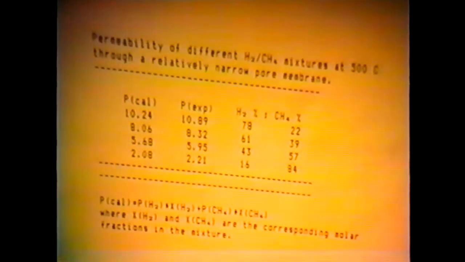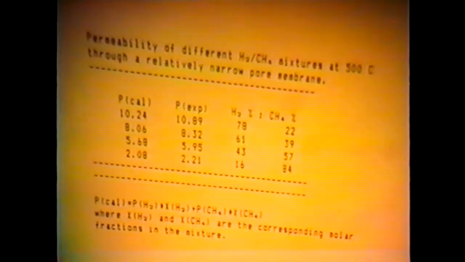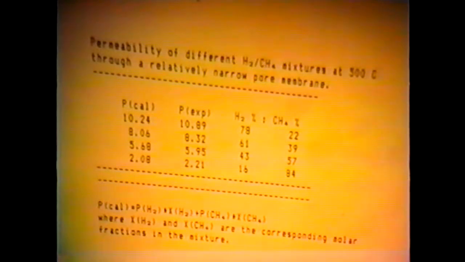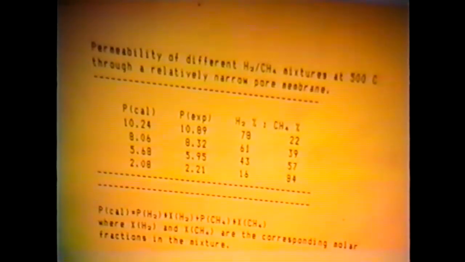Because if we are talking about the molecular sieving effect, if we have, for instance, methane and hydrogen, one would think that the huge methane would block the pore, or the hydrogen would permeate after the methane, so we want to see the high permeability of the hydrogen. It would be a fouling effect. But that's not the case.